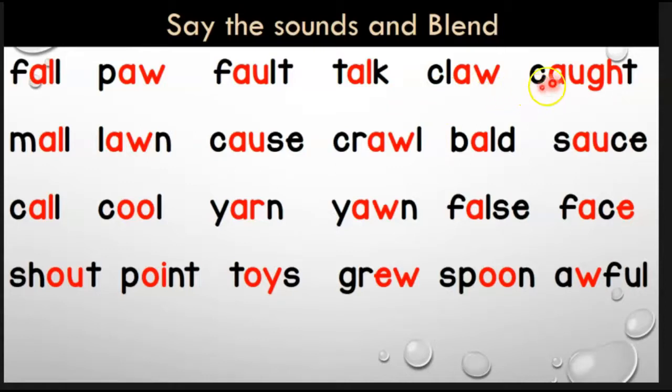Claw. Caught. Mall. Lawn. Cause. Crawl. Bald.